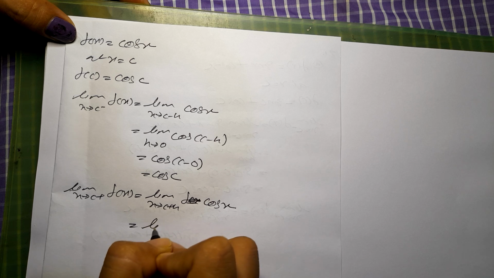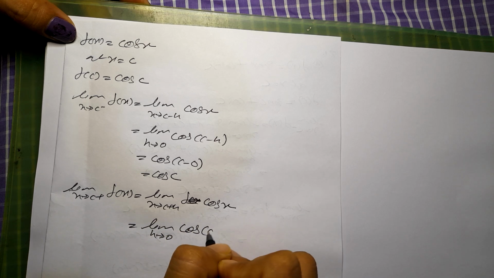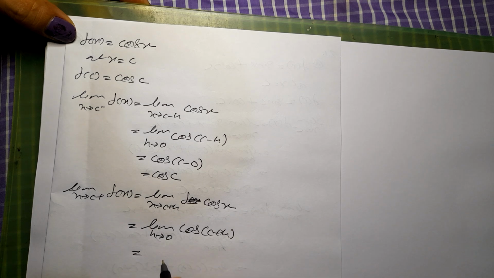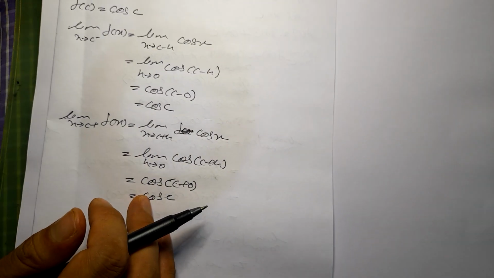So it will give limit h tends to 0 of cos(c plus h), now cos(c plus 0), so that is cos c. Right hand limit cos c, left hand limit cos c, f(c) is cos c. So these three are equal.